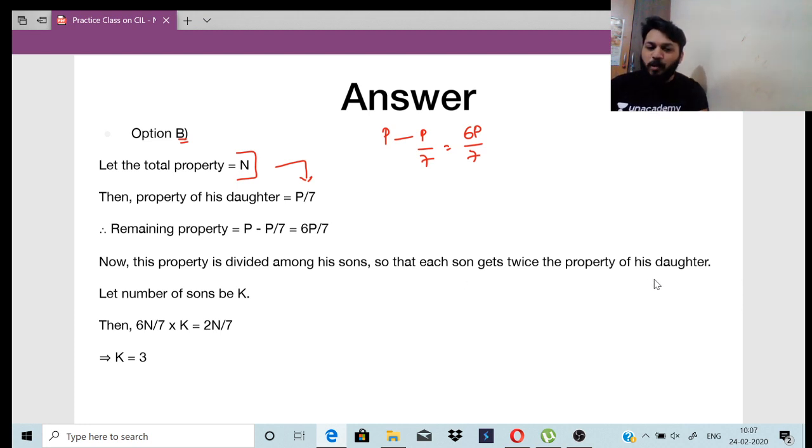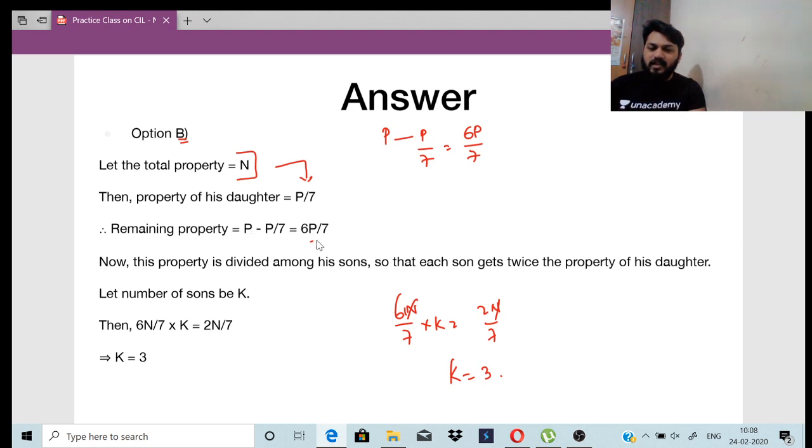Each son gets twice the property of the daughter. So 6N/7 into k is equal to 2N/7. N cancels, 7 cancels, 2 ones are 2, 2 threes are 6, so k will be equal to 3. That's it, a 2-line answer.